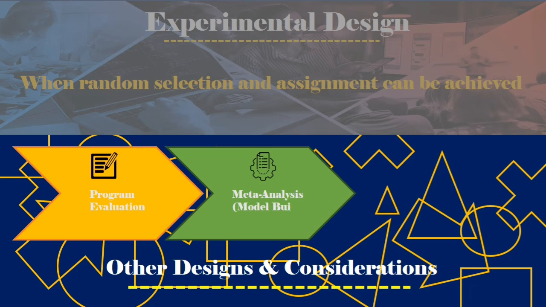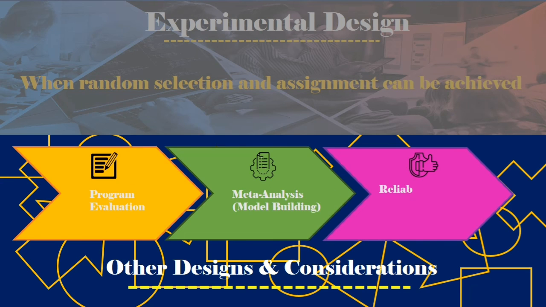One is program evaluation. This is a research method for collecting, analyzing, and using information to answer questions about projects, policies, and programs, particularly about their effectiveness and efficiency. This can involve both qualitative and quantitative methods.